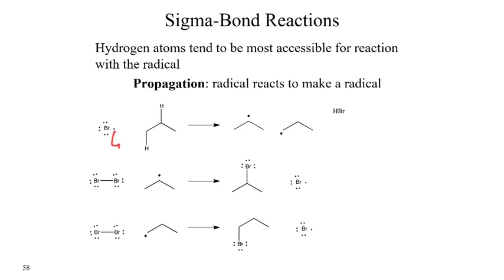Now, what is it going to share that single electron with? The highest probability is that it's going to share with hydrogens. And you might ask, why hydrogens? Well, hydrogens are on the outside of a molecule. Those are the most likely things to interact with a radical. It's going to be hard to react inside the molecule unless there's something reactive like a radical in it.